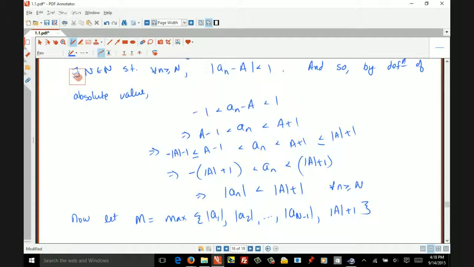And then I put in the value that I have above. So I know no matter what that each of these first finite terms is less than or equal to M, because M is the maximum of those. And the last infinite ones is going to be less than the absolute value of a plus 1. So they're all covered here.